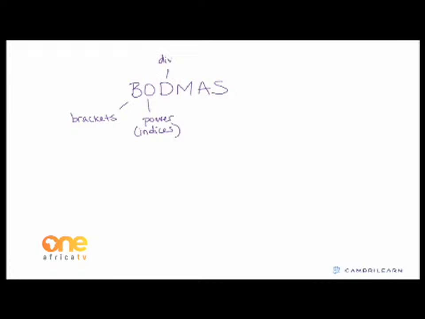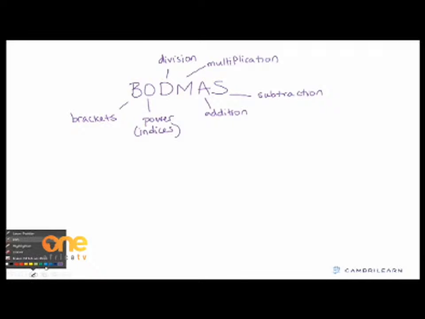D is for division, and he comes before M for multiplication, if you can spell it. A is for addition, and our last one is S for subtraction. Now this rule, this order, this way of doing things, this is completely non-negotiable.